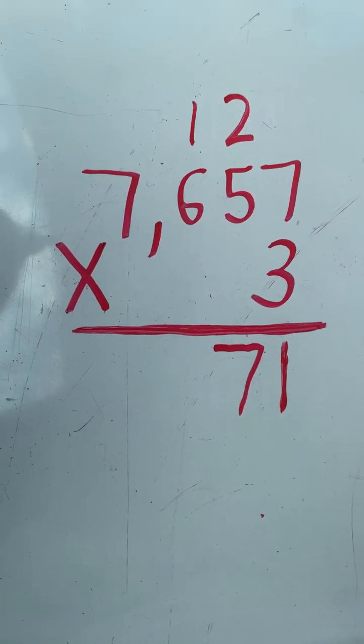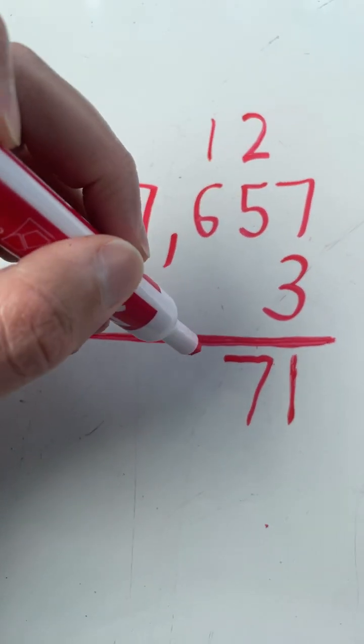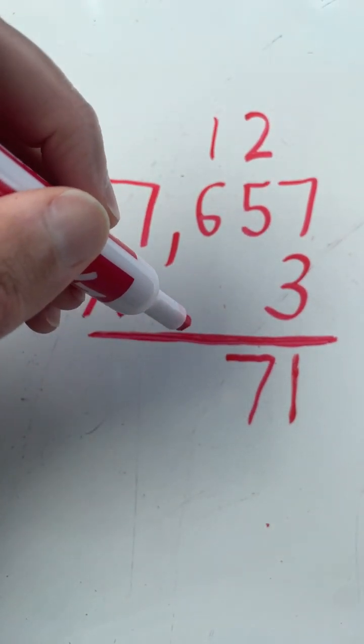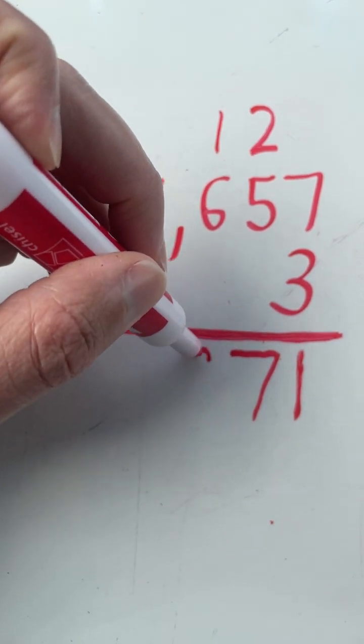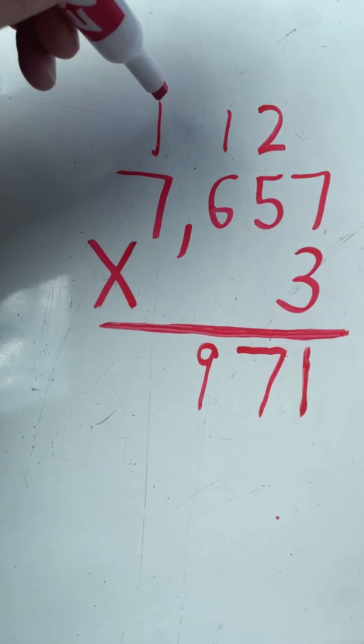6 times 3 equals 18, plus 1 equals 19. So the 9 in 19 goes in the hundreds place. The 1 gets carried over to the thousands place.